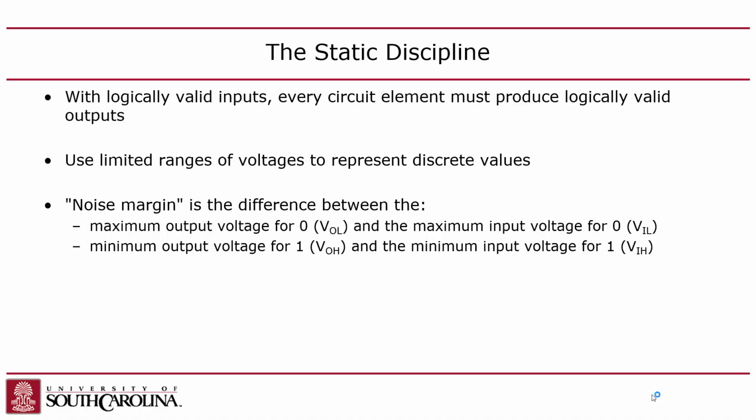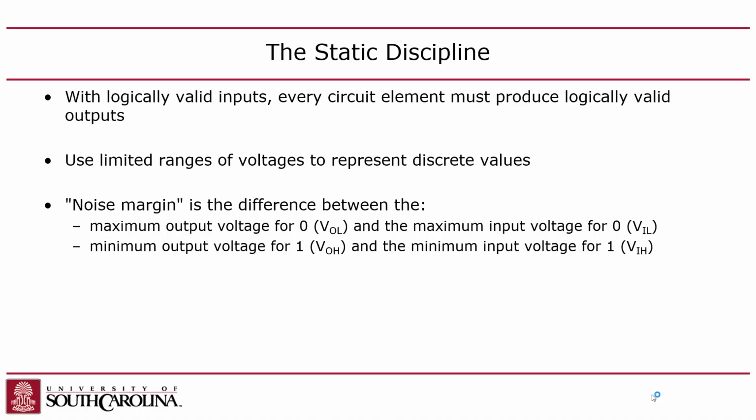So it's the maximum voltage that's considered a logic 0 for the input of a gate. And then there's the same concept applied to the output of the gate. That's called VOL, voltage output low.